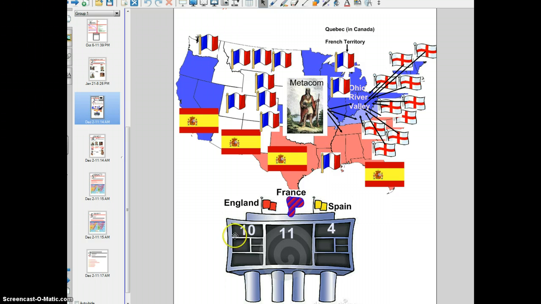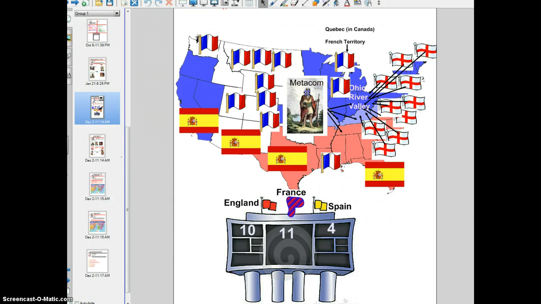Rather than looking at this as a scoreboard of 10, 4, and now 11, we can also look at how much land each country has colonized or acquired. And you can see Spain has a lot more territories and areas than they did in the previous map that you looked at from the previous lesson.